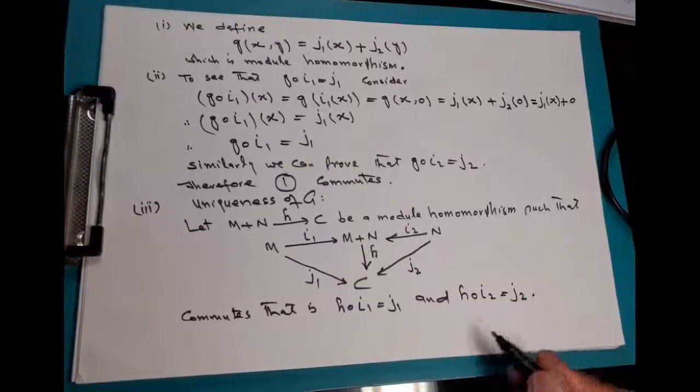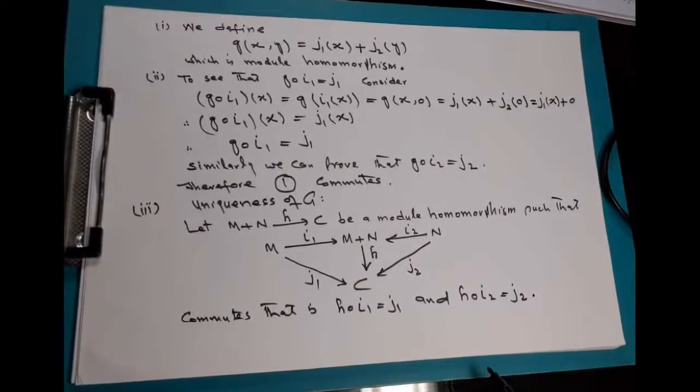So we have chosen a module homomorphism H such that this diagram commutes.